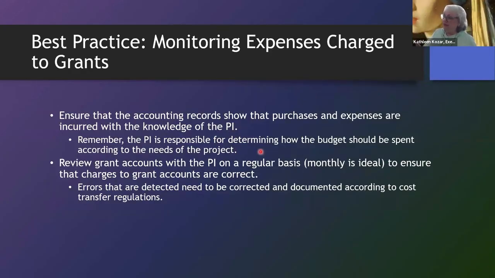You might not have the expertise to say that this project needs these laboratory supplies or this travel or these postdocs. The principal investigator needs to be able to determine what it takes to conduct the project. But you still need to have a setup that reviews any kind of expenditures according to what I just discussed on the previous slide.